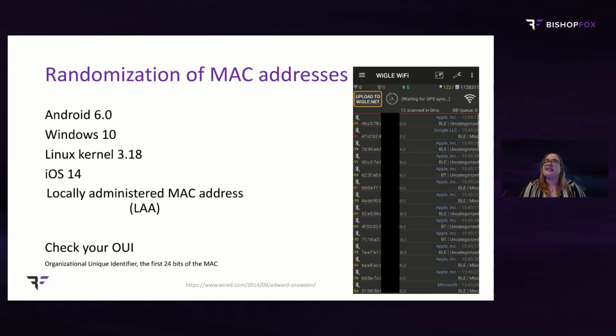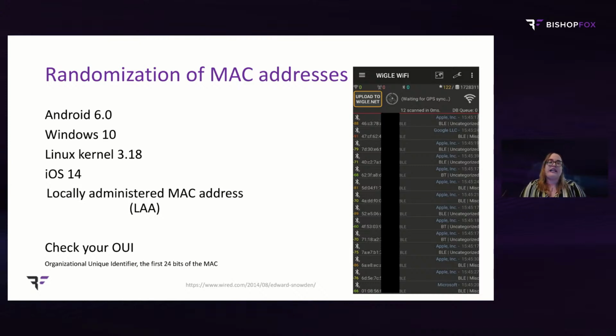But if you're using any of these or more current operating systems, this happens automatically. It assigns a locally administered MAC address, so an LAA, to be able to randomly rotate. It'll keep the first part of the MAC address, or the OUI, intact, which gives it an idea of what the device is.